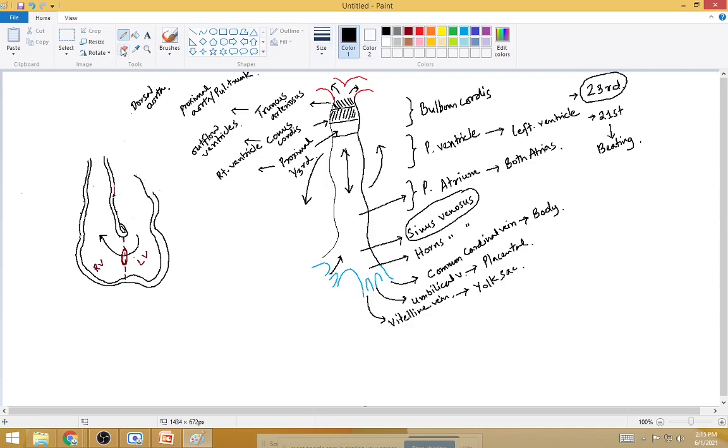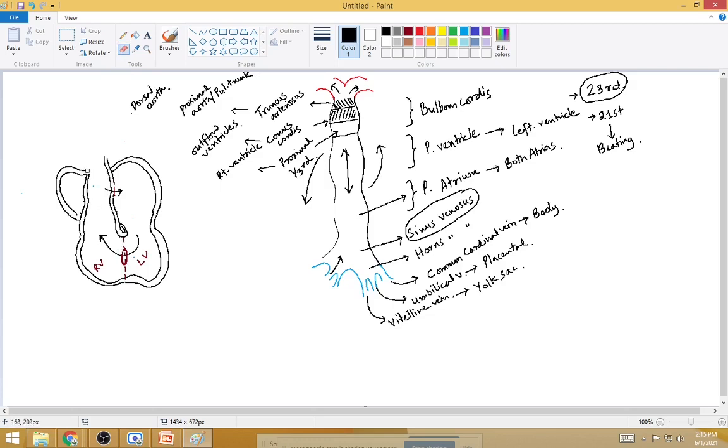So these atria, they will further bulge, so that a part of it comes to lie on the opposite side. Okay, the bulbotruncal part, or the conotruncal part, it further shifts to the left side.